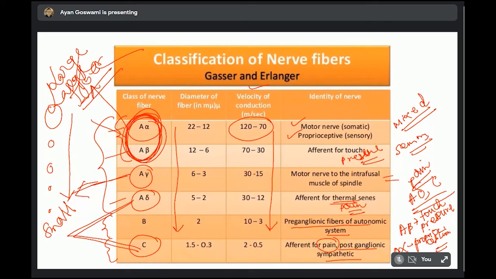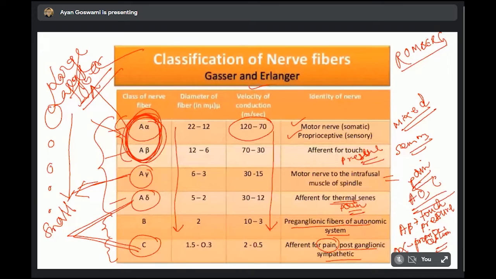Clear? Your proprioception will be lost, and if you close your eyes, you will not be able to know your position. Correct? And we test it by a very simple test called the Romberg test.